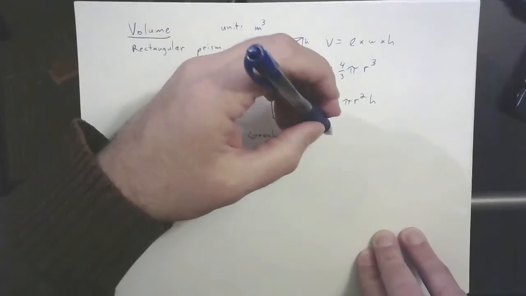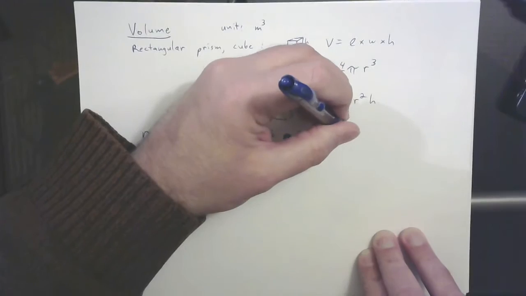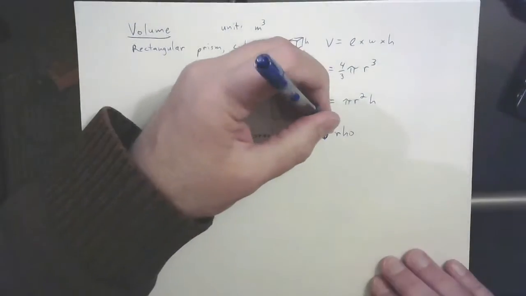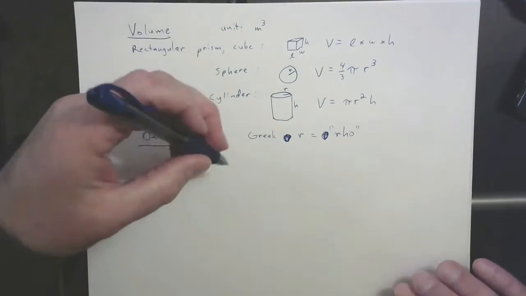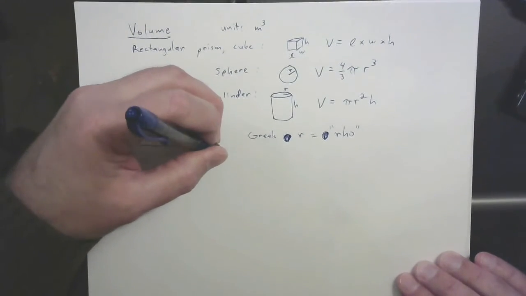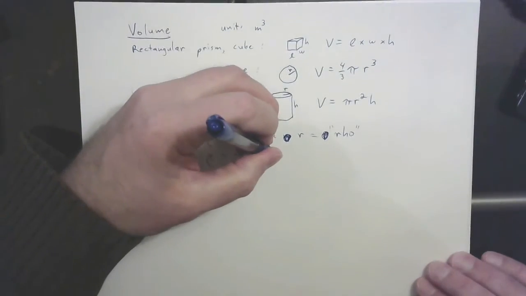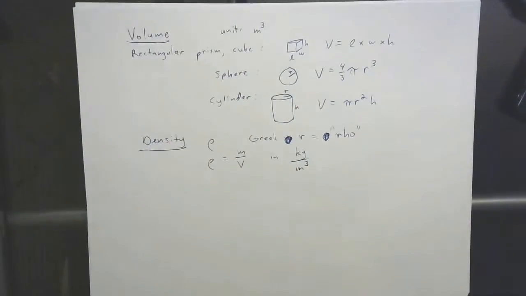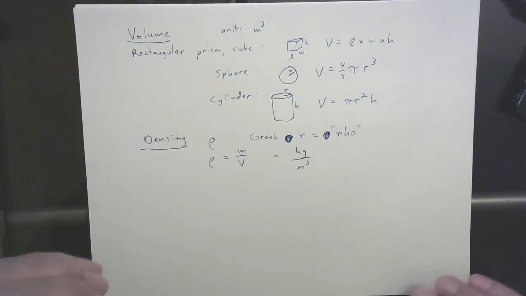So I think in Greek it's the R sound, and I suppose if I can't write, so if we say rho, R-H-O, I think is basically the way we English speakers spell that, but it's like a curly P, something like that. Anyway, density is mass divided by volume, and so its units are kilograms per cubic meter. And we've had density before, so this should be no huge surprise.